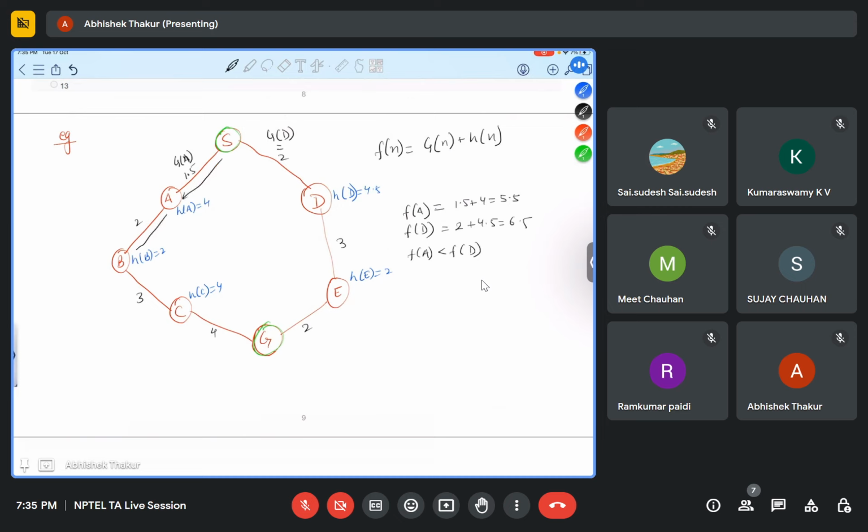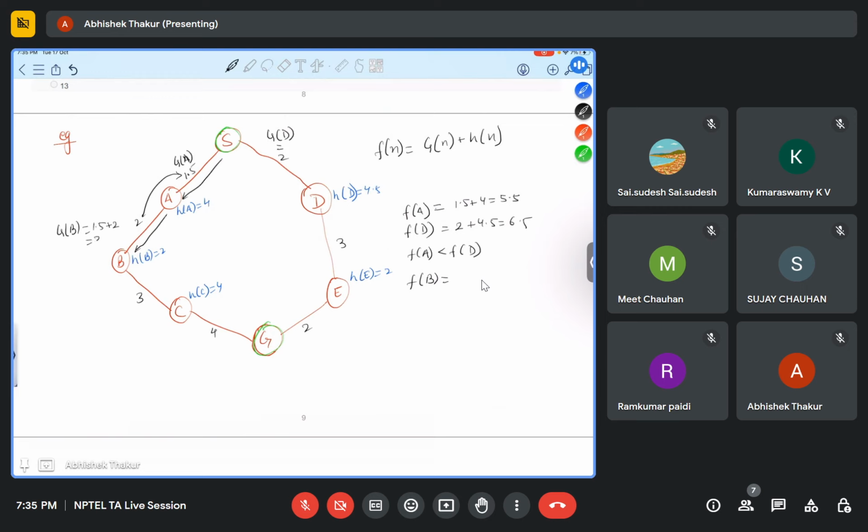Now we'll again go to B. So f of B is equal to g of B plus h of B. Now g of B is the cost of coming from S to B. So for this node B, g of B is this 1.5 and 2, both will be added.